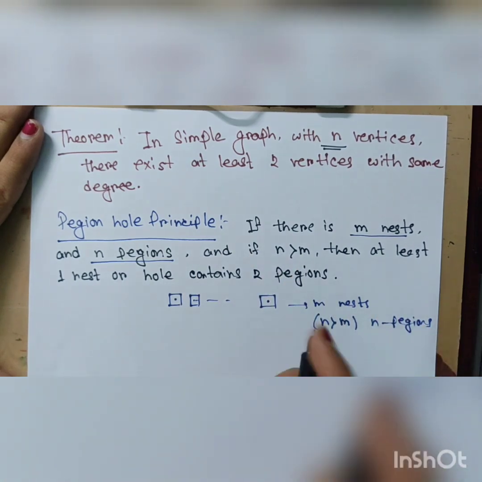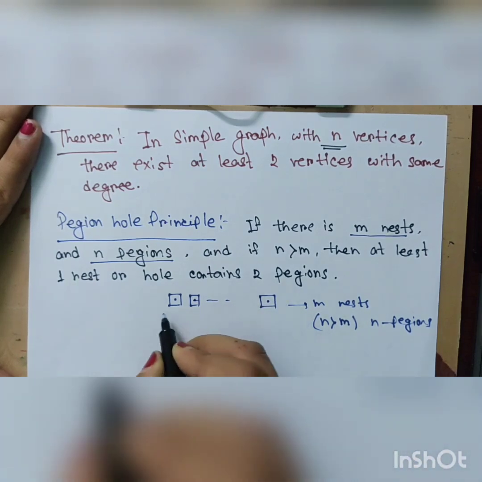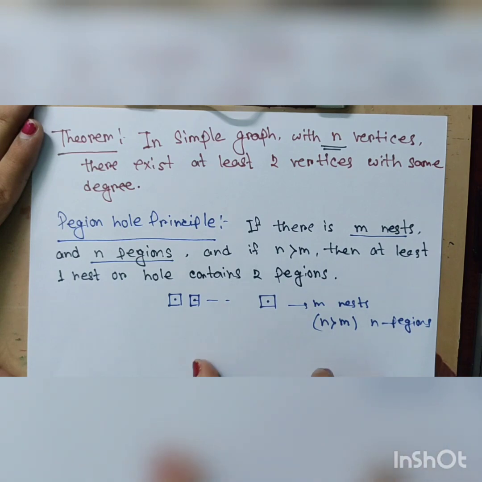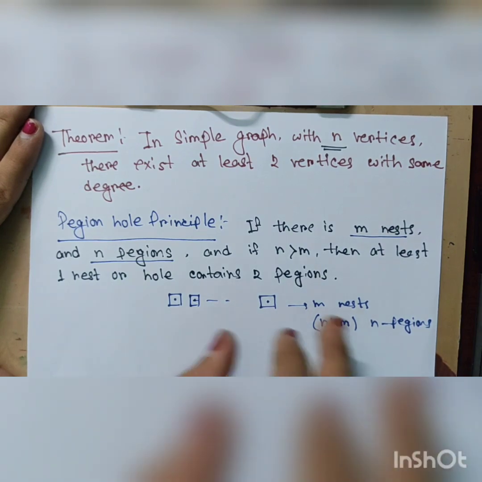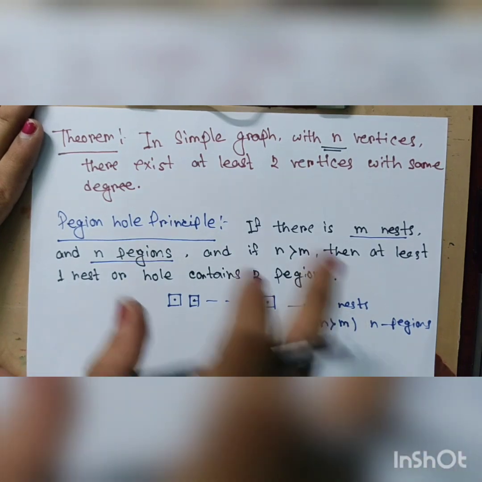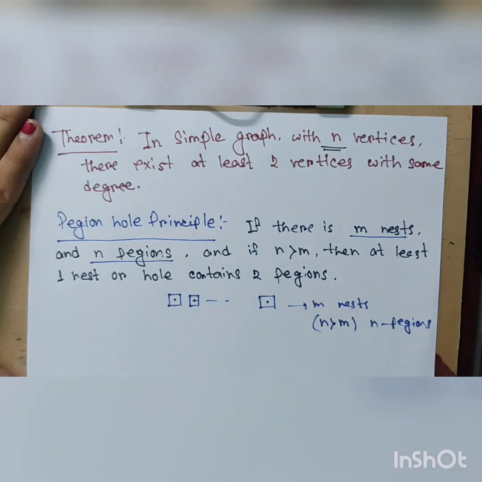If we put that pigeon into any of them, then at least one hole will contain more than one, that is at least 2 pigeons. Okay, so this is basically the statement of that principle. Now we will use this principle to prove this theorem. So we will start the proof here.